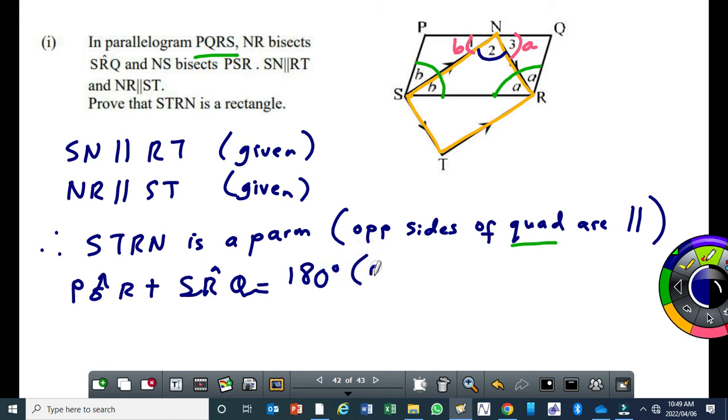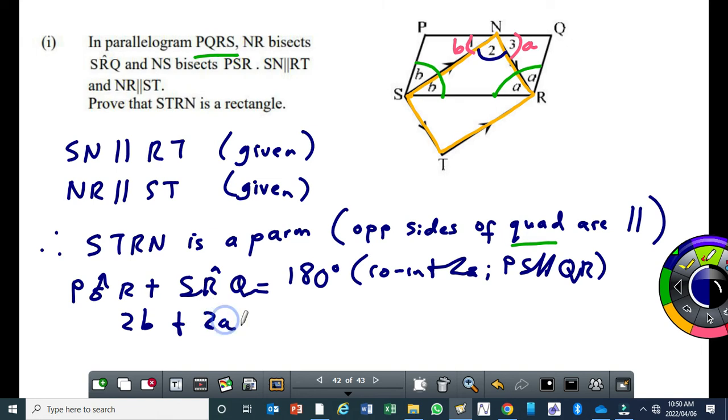My reason is interior angles. Which two lines are parallel if I wrote this statement? PS is parallel to QR. Then PSR is equal to B plus B, which is 2B, and SRQ is equal to A plus A, which is 2A.